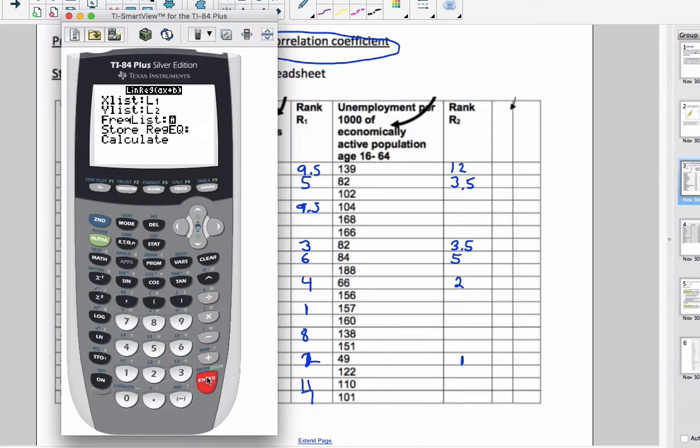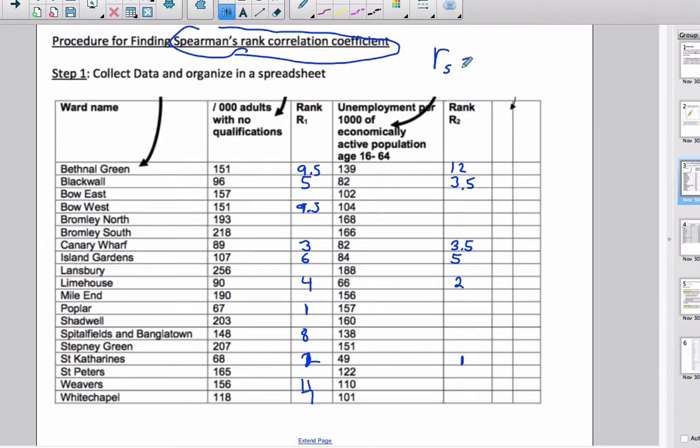So make sure there's nothing in frequency list. Make sure you just have L1 and L2 here for X and Y list. Press enter a bunch of times, and here you get the R value of 0.748. So RS is 0.748.